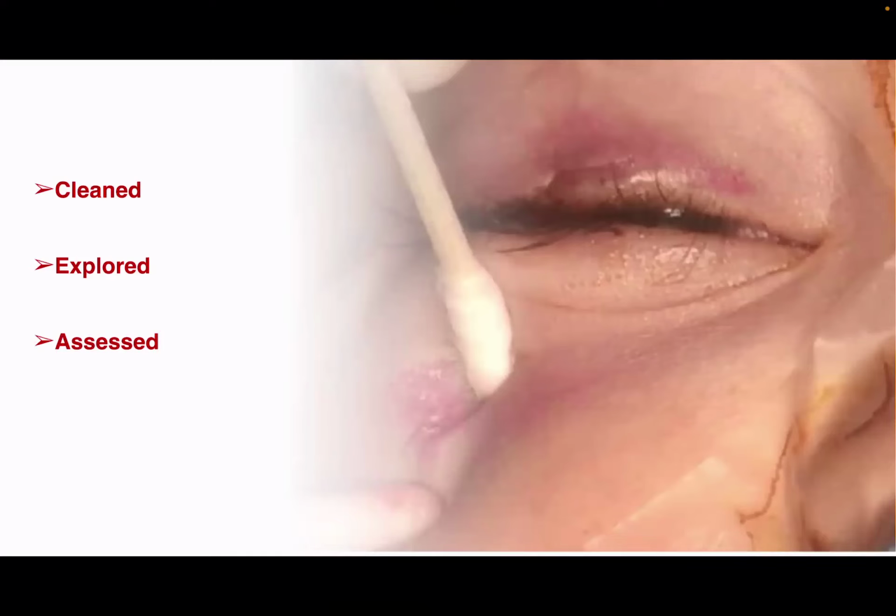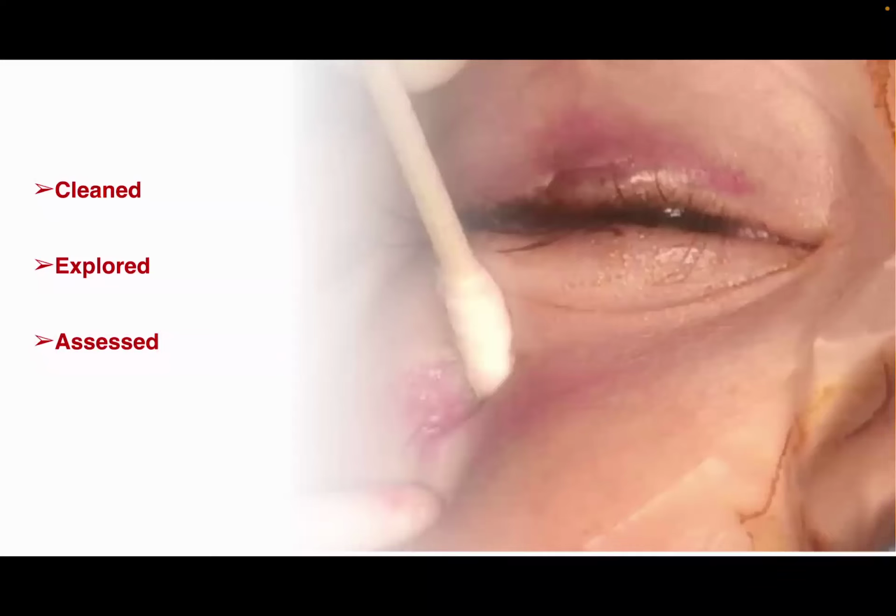The Q-tip is very accessible and everybody has it in the ER or in the OT if the patient is under general anesthesia. Just grab your Q-tip and look for any foreign body inside the wounds.